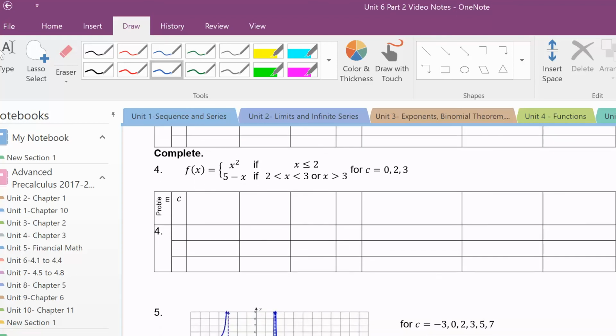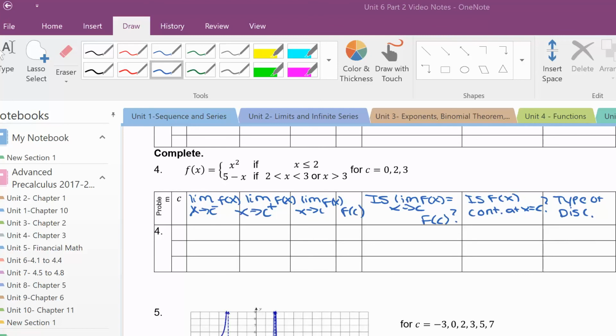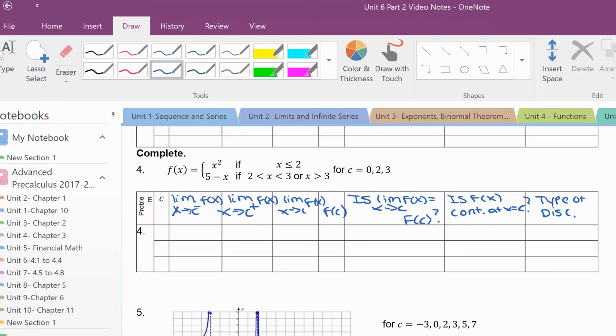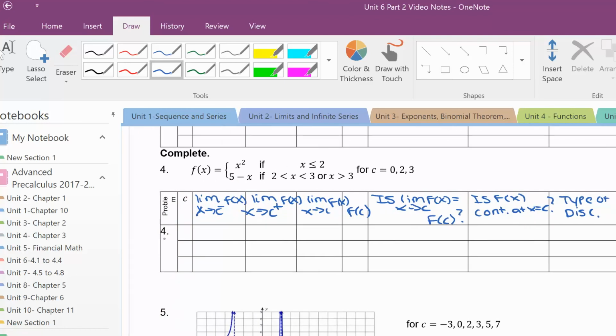So when you make your chart, you're going to have to make the headings. Once you make the headings, and I filled them in quickly, then you put the problem number, and then the value of c. So for example, for 0, the limit as x approaches c from the left.